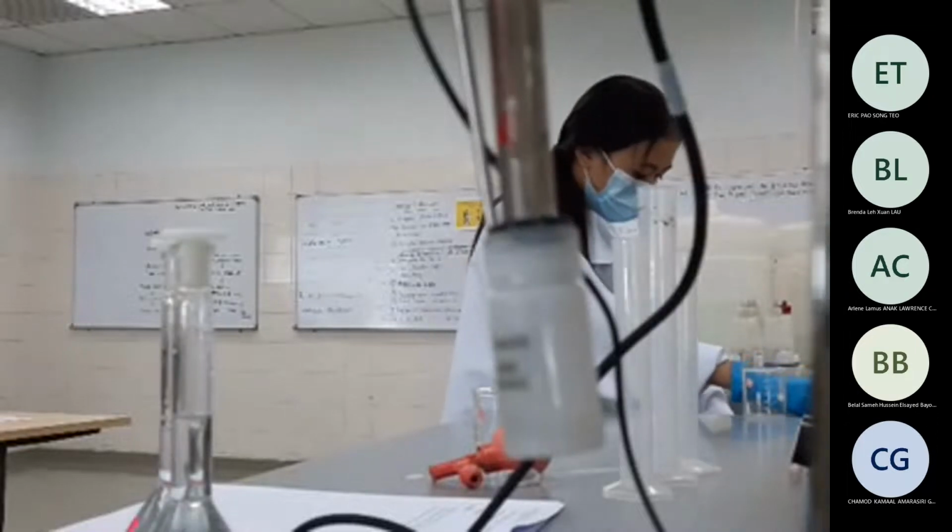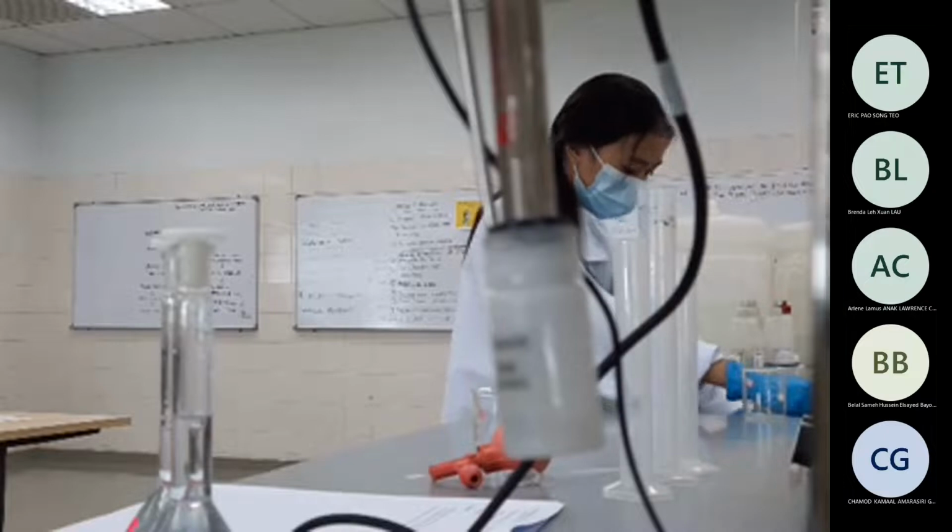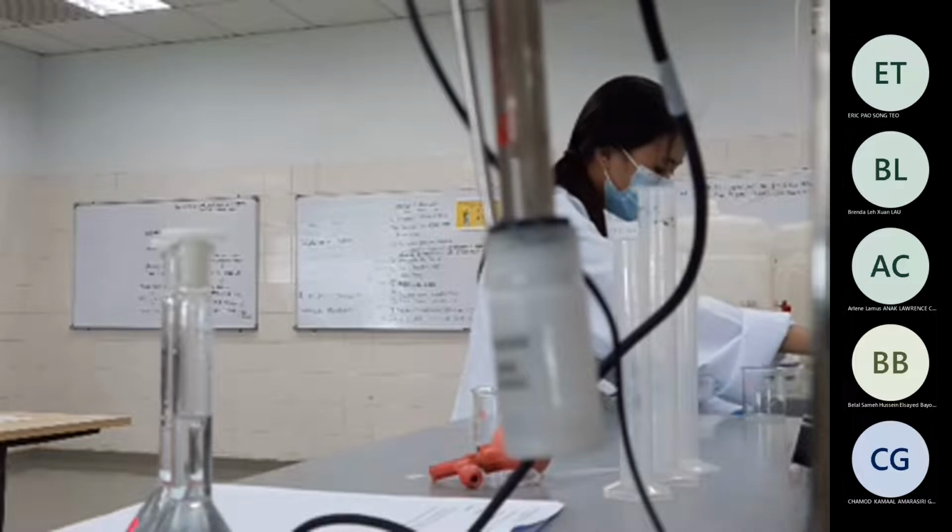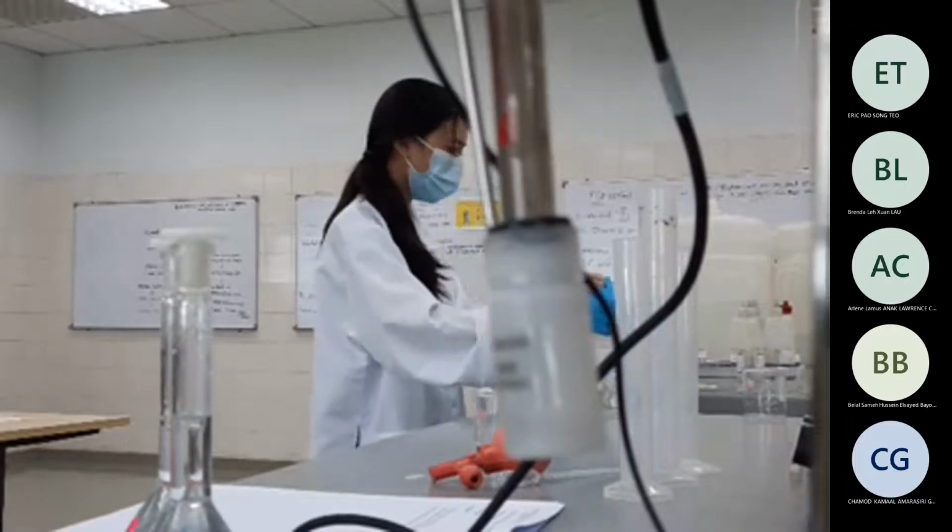And after we rinse it with the tap water or distilled water, we try to remove as much water as possible from the beakers, because we will be taking the solution that we just prepared in 100 milliliter, and that solution has been diluted, 10 times diluted.